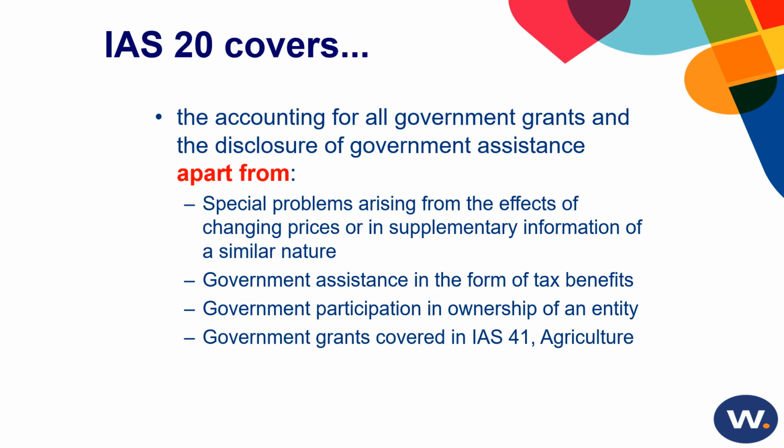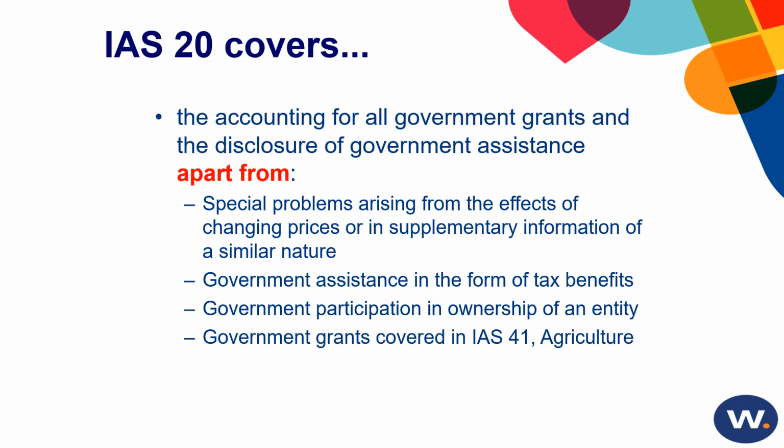For these assets, if the government grant is unconditional, it is recognized in profit or loss when it is receivable. Where the government grant is conditional, however, the grant will be recognized in profit or loss when the conditions are met.